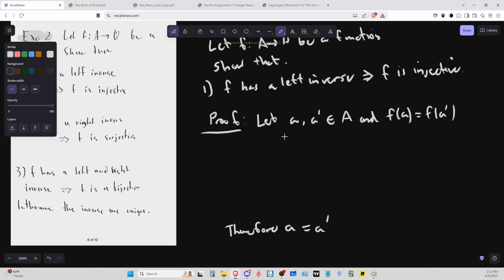So now, let A and A prime be elements of A, and so that means there exists an A in A such that f of A is equal to A prime.